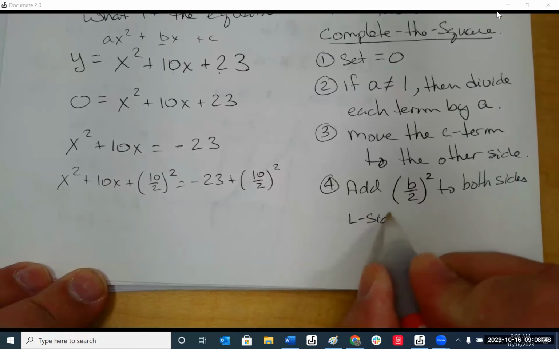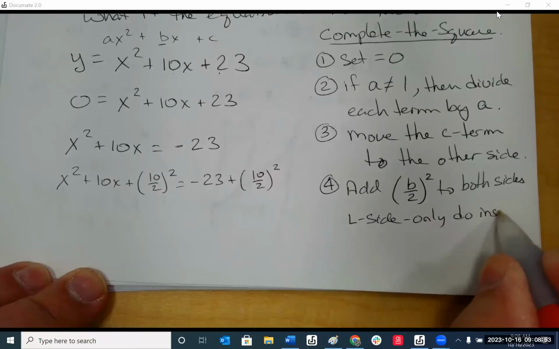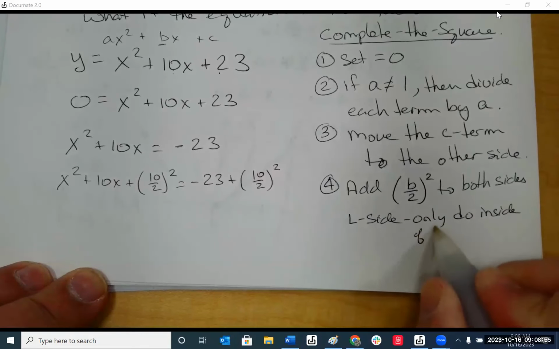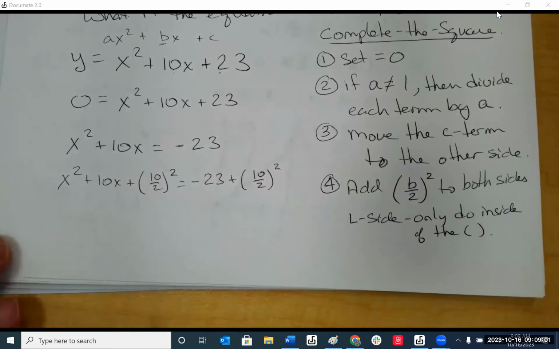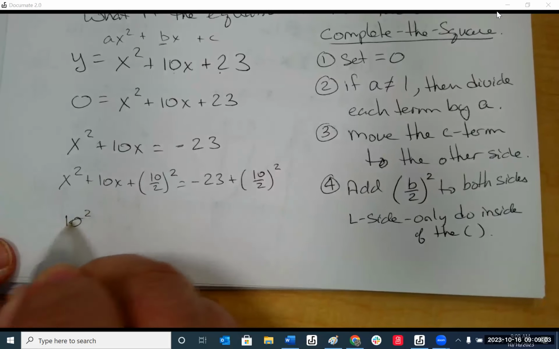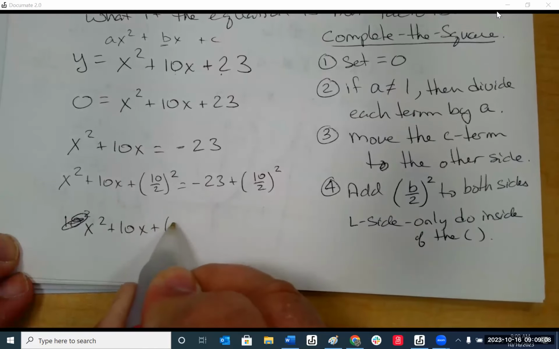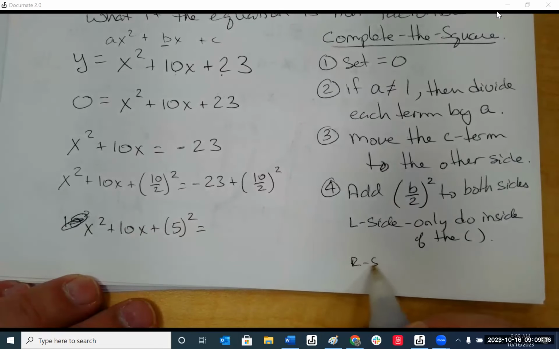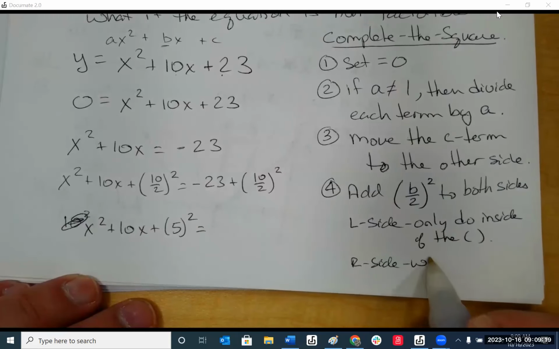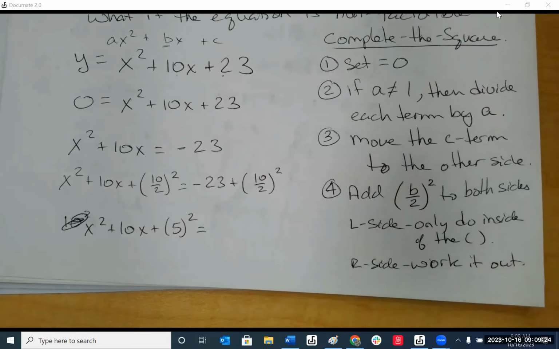On the left side, only do the inside of the parentheses. Don't square it. So we have x squared plus 10x plus 5 squared. On the right side, work it out all the way.